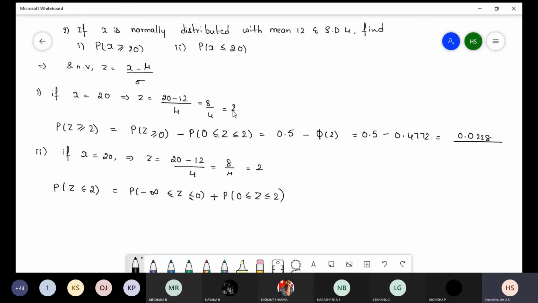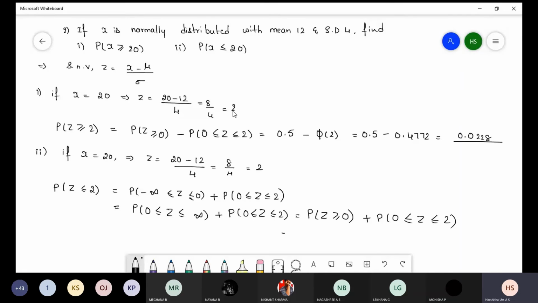Now minus infinity to 0 we can change to 0 less than or equal to z less than or equal to infinity. This is the symmetric property; we have to use the symmetric property. So again P of z greater than or equal to 0 plus P of 0 less than or equal to z less than or equal to 2.